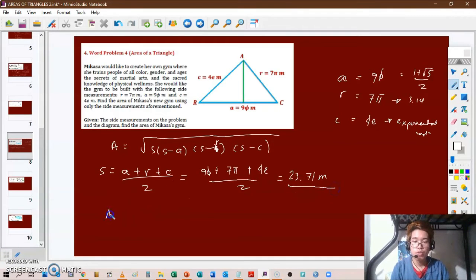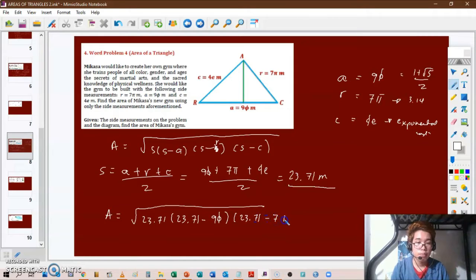Okay, so let's try to solve for the area. The area is going to be the square root of 23.71 multiplied by 23.71 minus 9 phi, multiplied by 23.71 minus 7 pi, multiplied by 23.71 minus 4e.